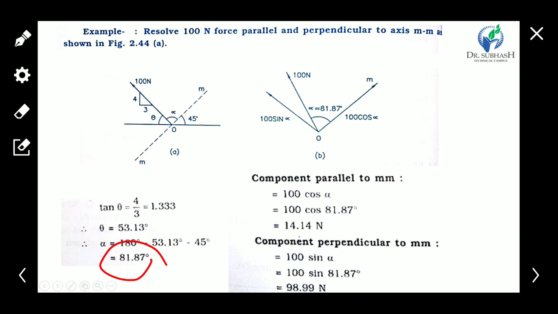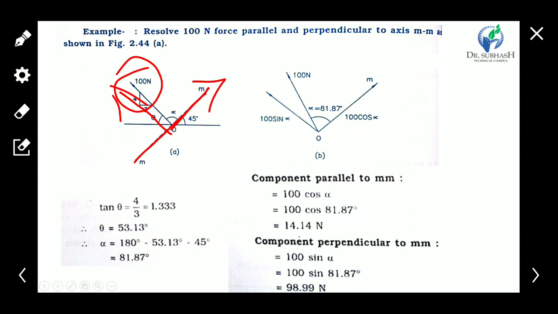So we have the alpha value with the axis. We have to resolve this force according to the axis. The first component is parallel to the axis and the second component is perpendicular to the axis.